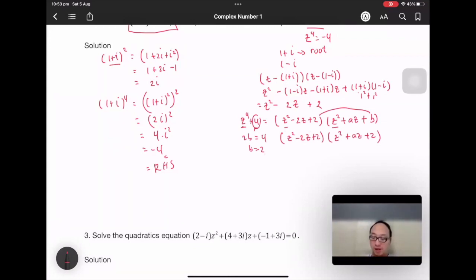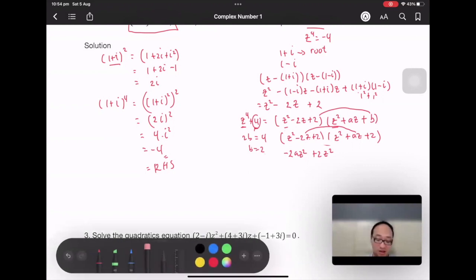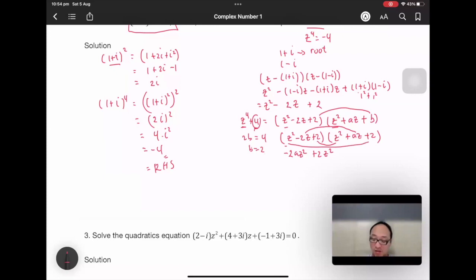We can find the terms of z squared. So that means this is negative 2a z squared. So we have to collect all the z squared terms: plus 2z squared, and then plus 2z squared.